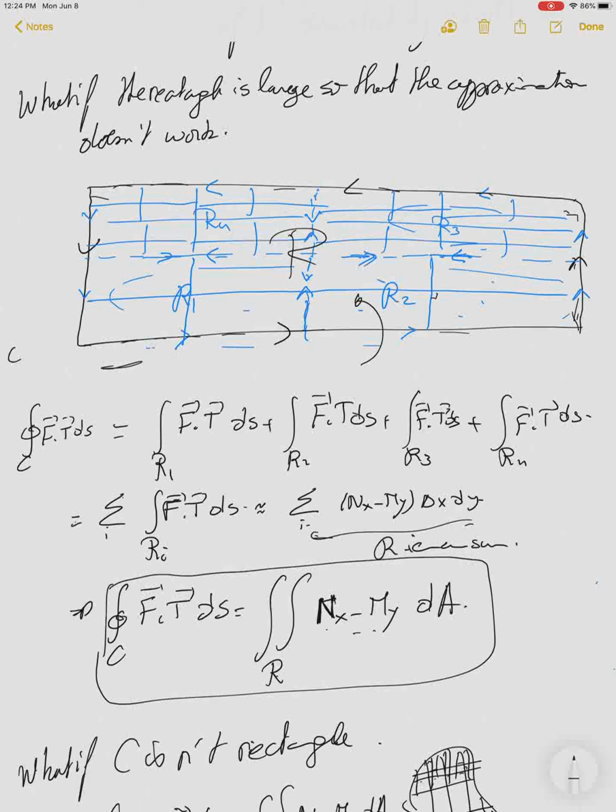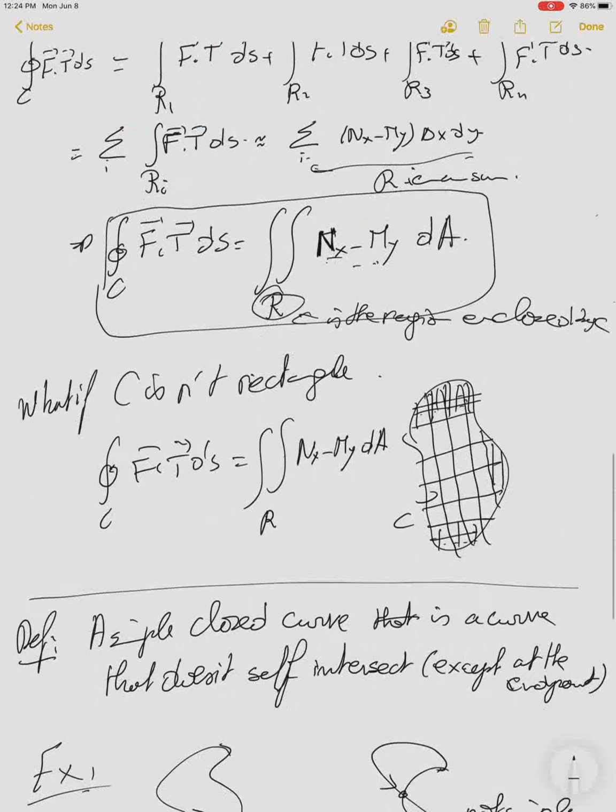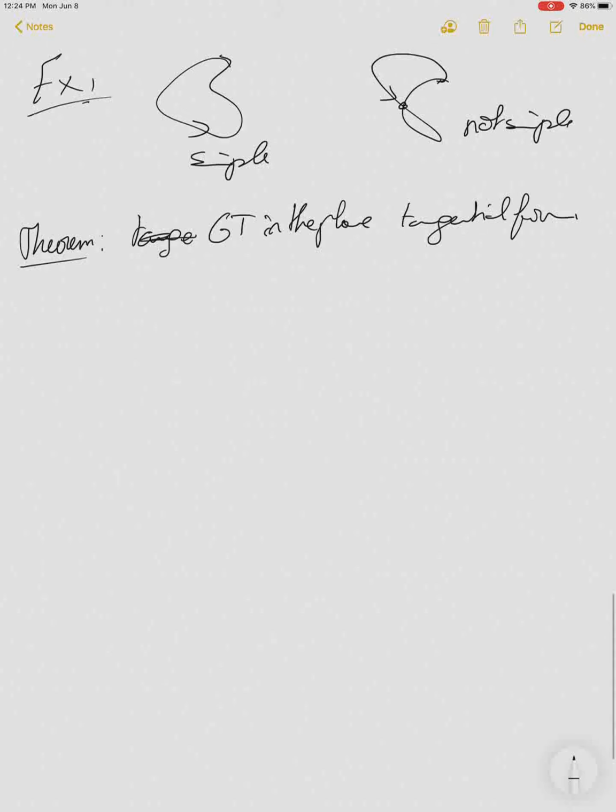It's not enough for F to be continuous at C, I need Nx and My to be continuous in the region enclosed by C, because this is Nx minus My not at the boundary. Here R is the region enclosed by C. So now you have all the ingredients for the theorem.